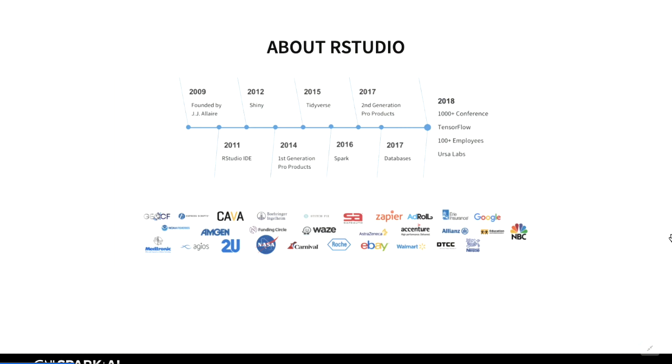Shiny is a web framework with reactive technologies that was created in 2012 and has been growing since then. The tidyverse by itself got coined in 2015, even though some of the packages were already being developed. We started our work helping Spark and the Spark community in 2016. And later on in 2017 and 2018, we've also been working with TensorFlow and the MLflow project, which some of you are also familiar with.